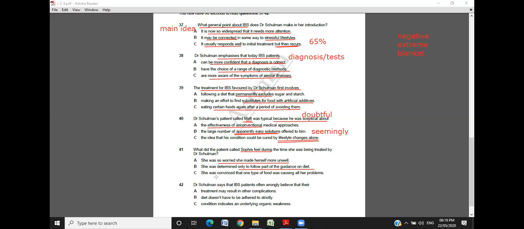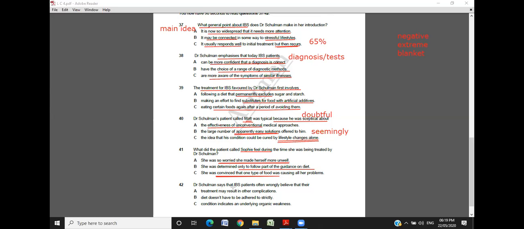And she was convinced that one type of food was causing her problems. So worried is negative, and so worried that because of that her condition deteriorated. 2 is also negative, that she was not willing to follow the diet fully, only one part. And 3 is more about the reason, whereas A and B are more about the treatment.